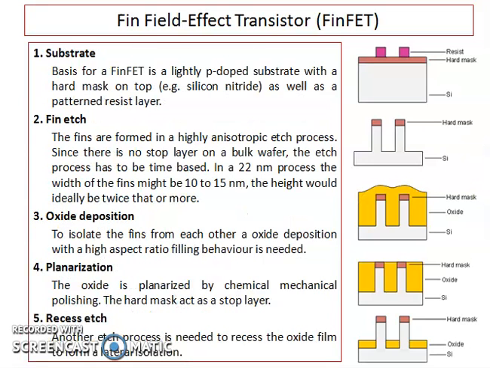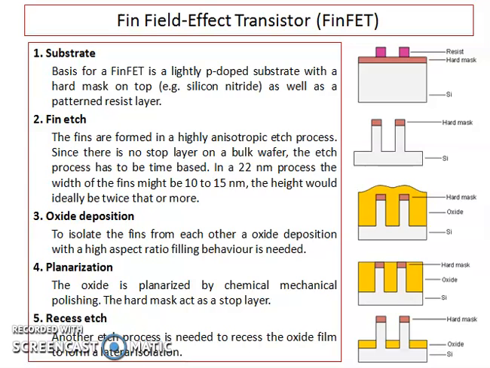Next we will see the construction details of the FinFET, and for every step of the fabrication, the diagrams on the side clearly indicate what is given in the theoretical part. Then the substrate. The basis for a FinFET is a lightly p-type doped substrate with a hard mask on the top.